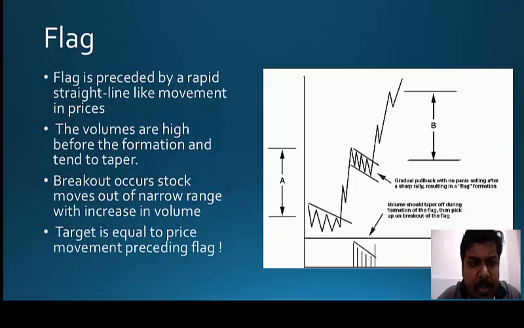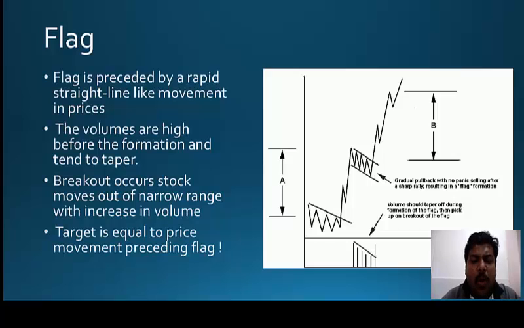Let's now try to understand how a flag appears. As we can see clearly in the attached diagram here, after a rapid movement, which is almost a horizontal like fashion, we see that the stock is consolidating in a small narrow region, which is represented by drawing two parallel lines.